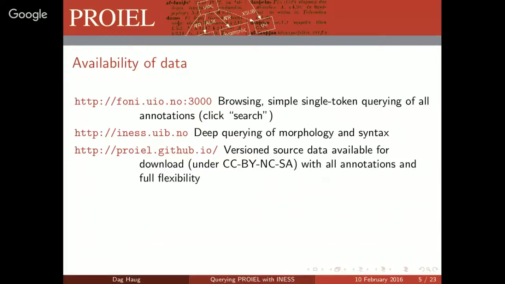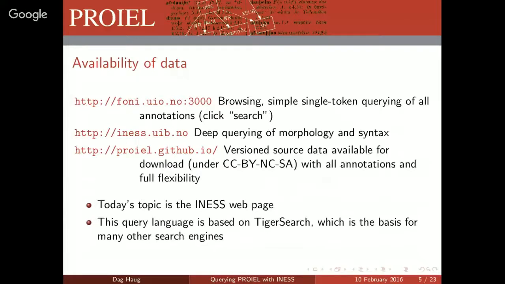These will be XML files or CoNLL files, very similar to the ones that Giuseppe showed you. And this will give you access to all annotations and full flexibility in what you want to do with the data. But obviously, it also requires a lot of computational skills. So for today, the focus is on this sort of intermediate level, the INESS webpage, where you can get a lot of information out of a corpus without having to learn too much computer stuff.